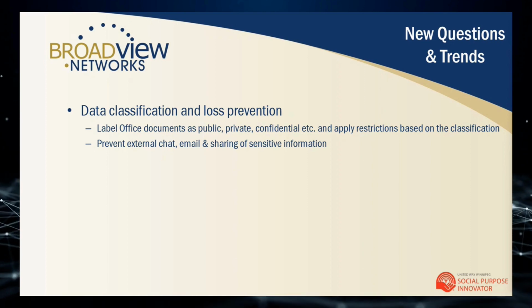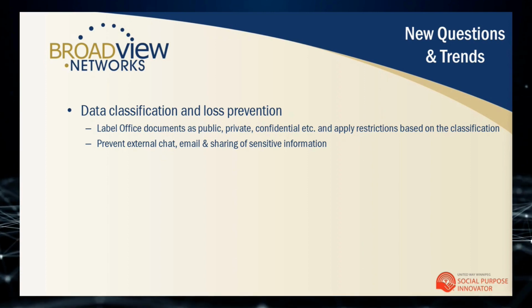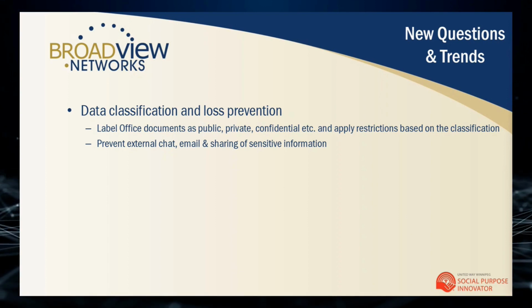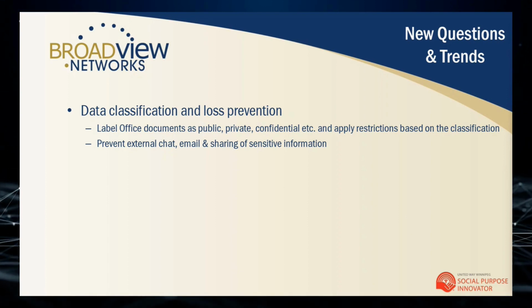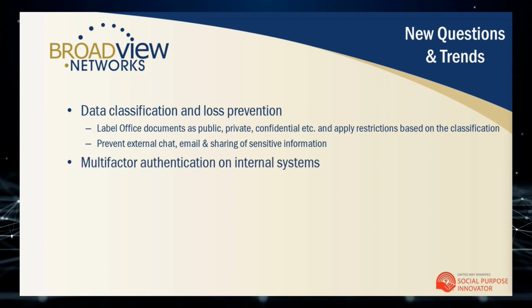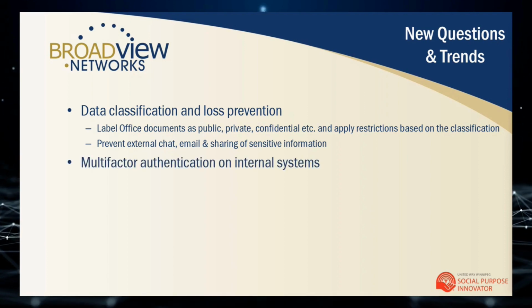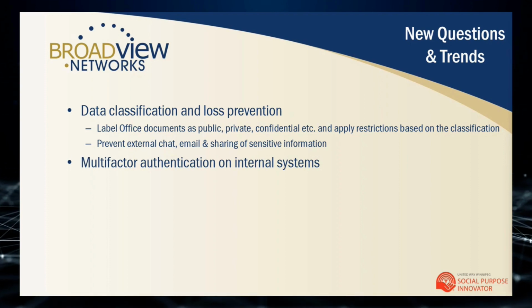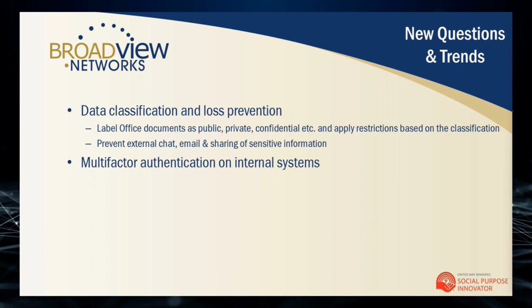Whether that's external chat, email, or file sharing, those potential avenues for data to leave your organization need to be monitored, with alerts created for sensitive material. So there is a very recent and specific focus on data with the advent of SharePoint and online file services.